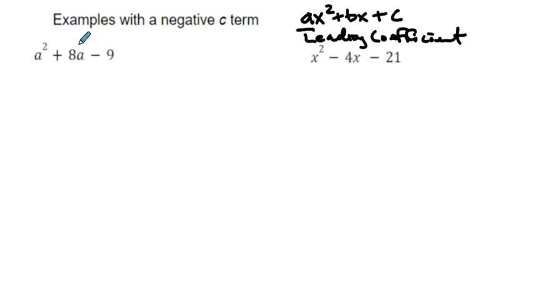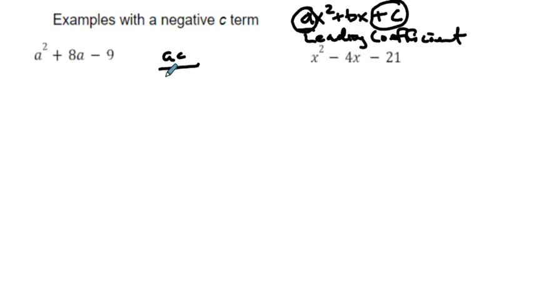So we multiply a and c together, and we call that AC. And when we get that, we're going to figure out what two factors work for that product and will add up to give us B, right?